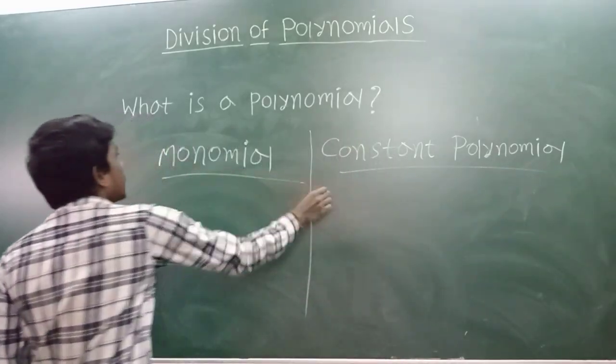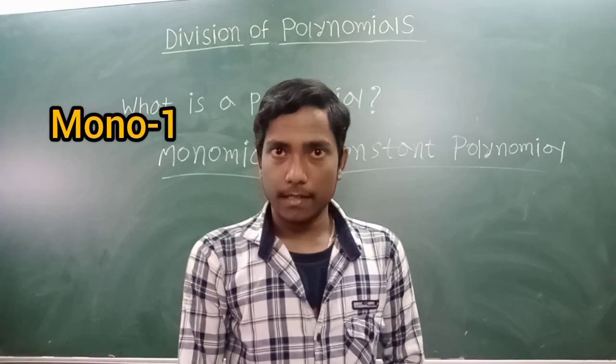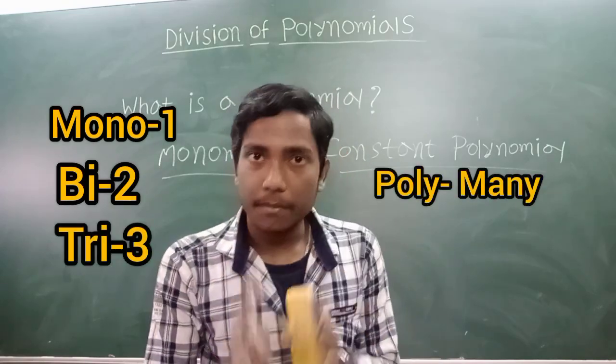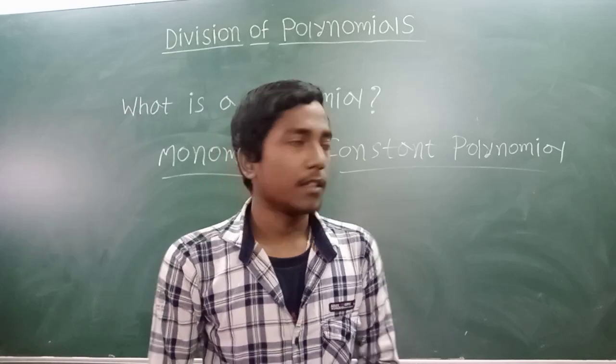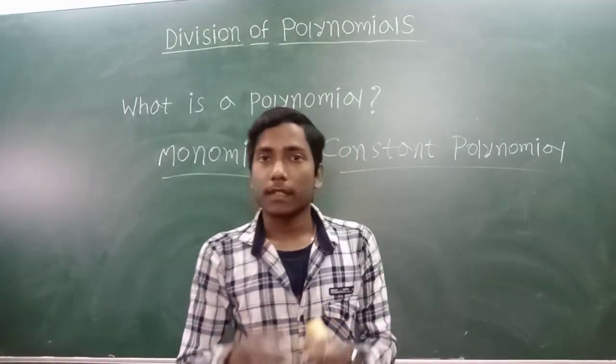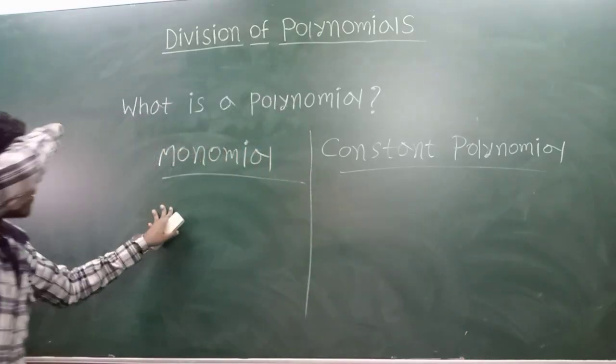Okay. So one thing I am telling you, you must remember this. Mono means 1, bi means 2, tri means 3, and poly means many. Okay, students. So when we say about polynomials, it means the number of terms are many, more than one, obviously.